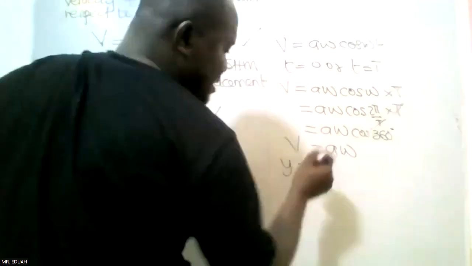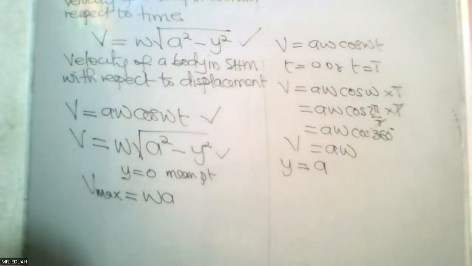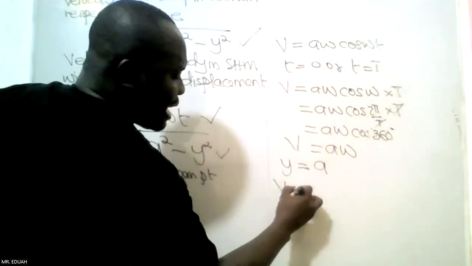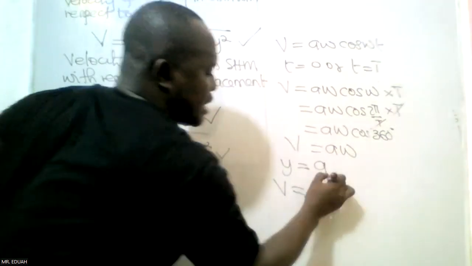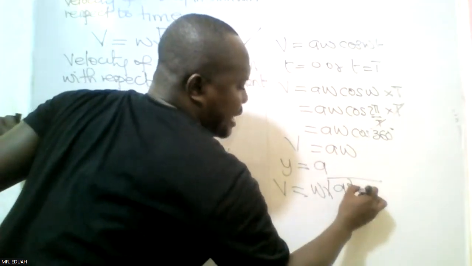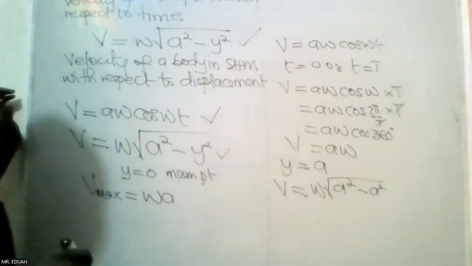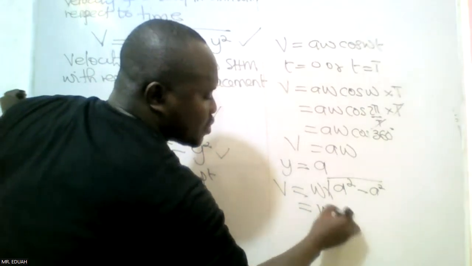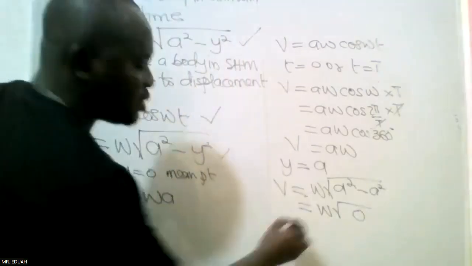So y is equal to A. If y is equal to A, then using the velocity formula in terms of displacement, you have omega times the square root of A squared minus y squared, which is omega times the square root of A squared minus A squared, which is 0.